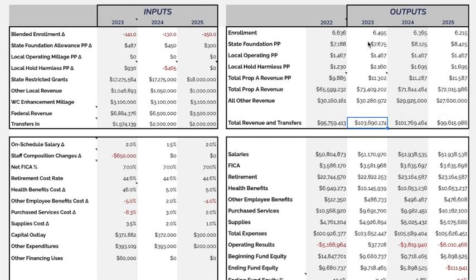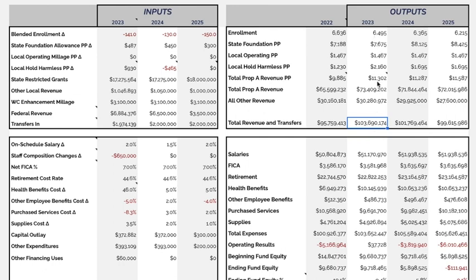What that means is that in 2022, part of the reason the shortfall was as pronounced as it was is because the hold harmless revenue per pupil was lower than it should have been, which also means that in 2023, since we were catching up to the shortfall of 2022, it's higher than normal, which is why the revenue had such a marked increase.